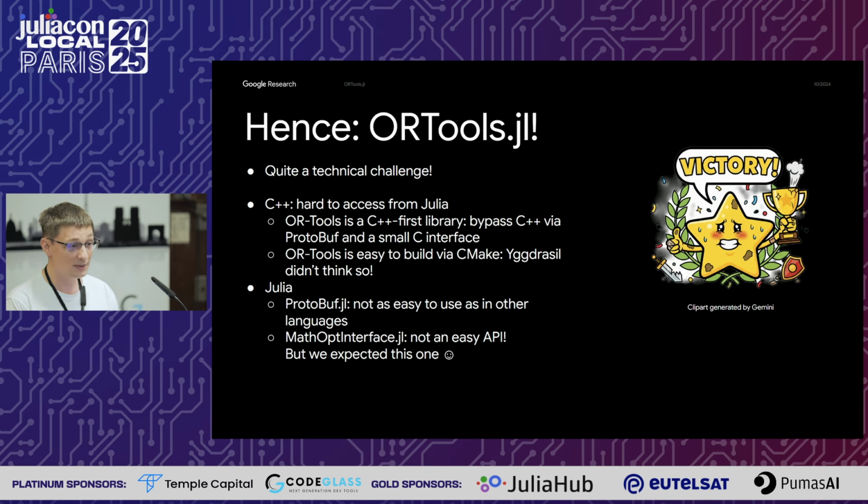There's an implementation of protocol buffers in Julia, which is very nice, but it's not as easy to use as in other languages. The major problem is mutability, but again, I'll get into the details later on. And also, a challenge that we really expected from the start is that the MathOpt interface is a hard interface to implement, but that's how it is.